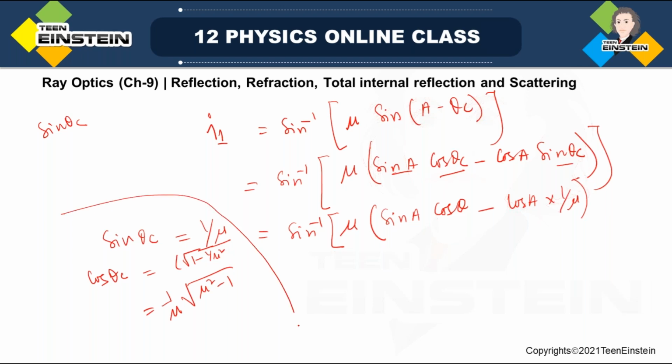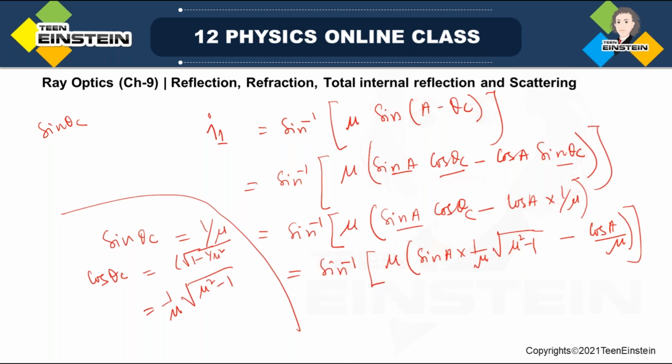Look at what I have done. We know sine theta c is equal to 1 over mu at the critical angle. So cos theta c will be the square root of 1 minus sine squared theta c, that is 1 minus 1 over mu squared. I have just simplified a bit. Let me write again: sine inverse of mu, this sine A, and in place of cos theta c we write 1 over mu square root of mu squared minus 1, then this is cos of A over mu.